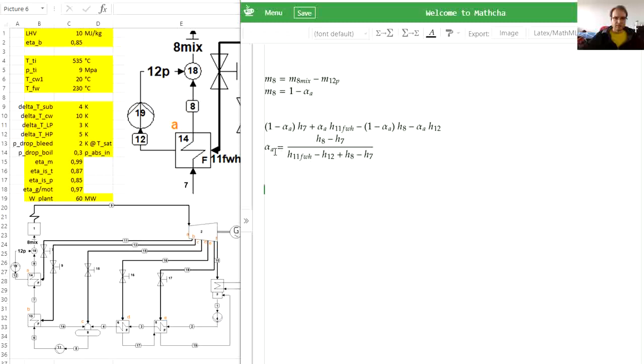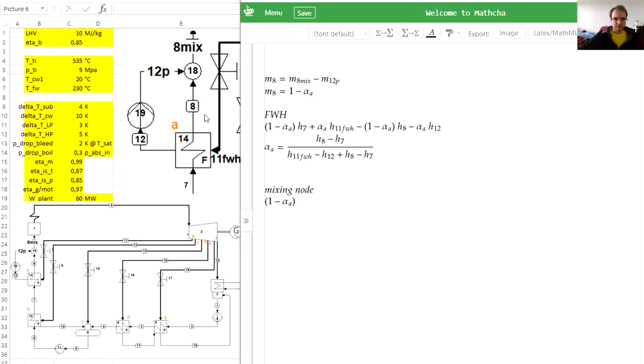And once we know the mass flow rate alpha A, we can solve the node, for which the equation is M8, which is 1 minus alpha A. This is the feed water heater. This is the mixing node.